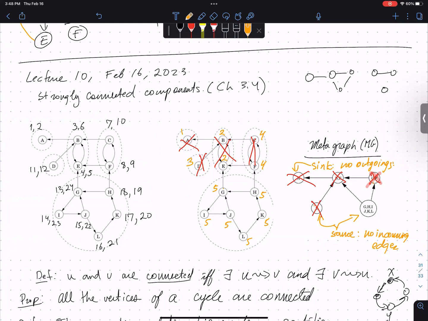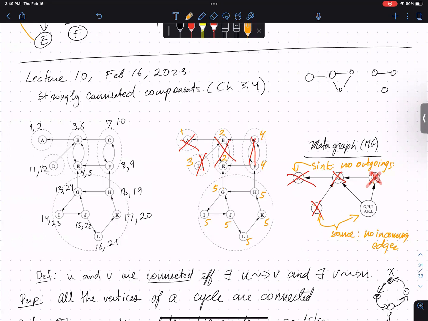Now, according to what I showed you, yes, I used the metagraph to know what is a sink component. But our algorithm doesn't know the metagraph. If I knew the metagraph, I've already solved the problem of finding the components. So the metagraph is something conceptual that I used, but I was kind of cheating when I was telling you this.